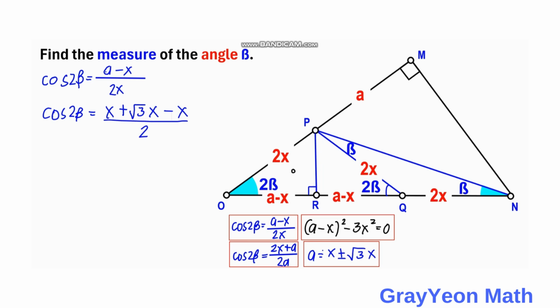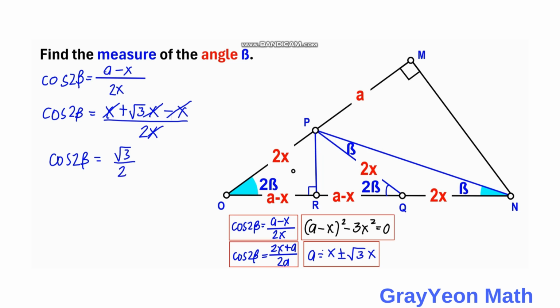Notice that we have used the positive, because if we use the negative, later you will get an angle greater than 90 degrees, which would be 150 degrees. With the positive, the 2x cancels out, and x over x also cancels out. So we have cosine 2 beta equal to square root of 3 over 2.